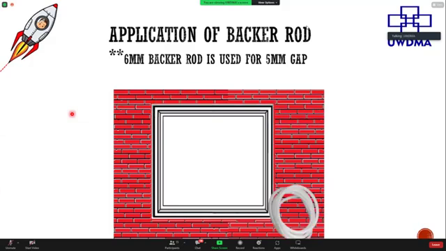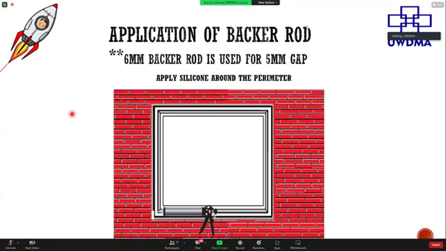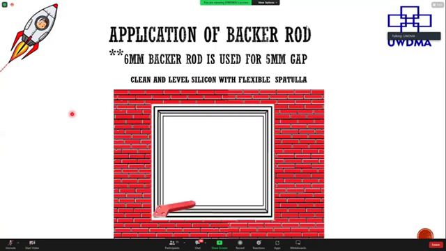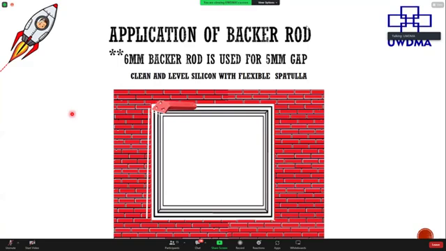One more benefit of using backer rod is that the surface area required for using silicone reduces. So if you're using backer rod, you're using less quantity of sealant, silicone.